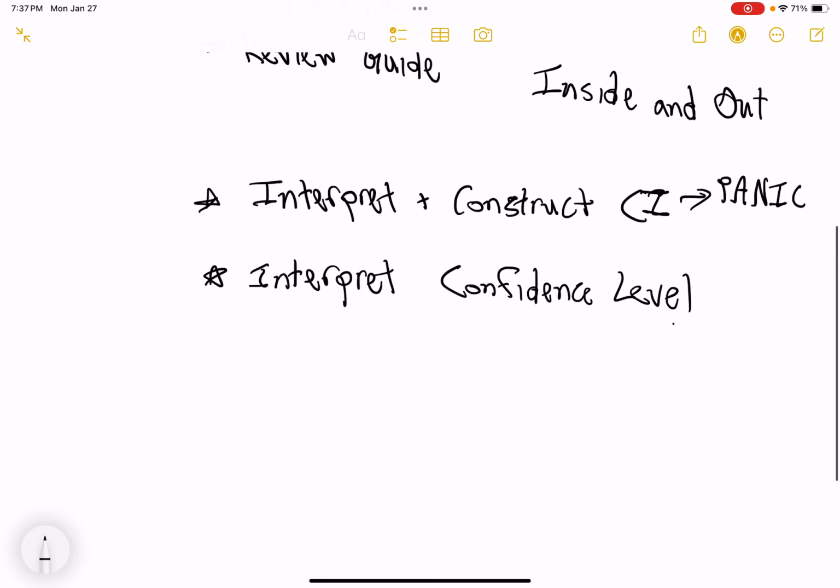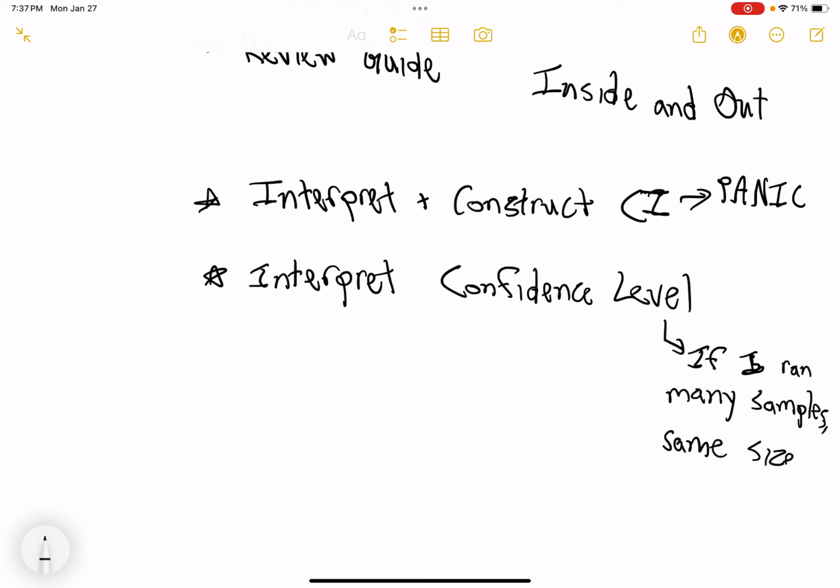Versus if you're interpreting a confidence level, this is where you say, if I ran many samples, and they're all the same size, I'd expect blank % of the intervals that I collect from those samples, right? Because we would collect confidence intervals from each of them.